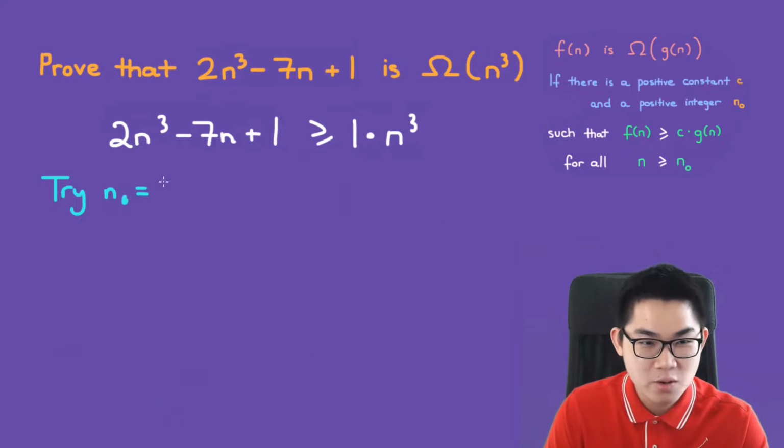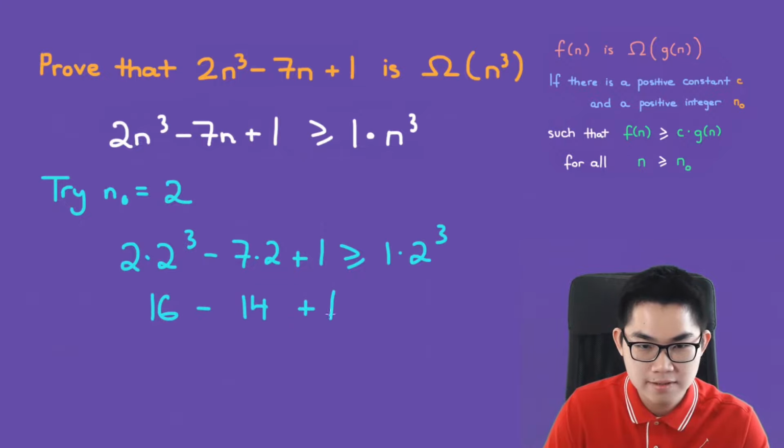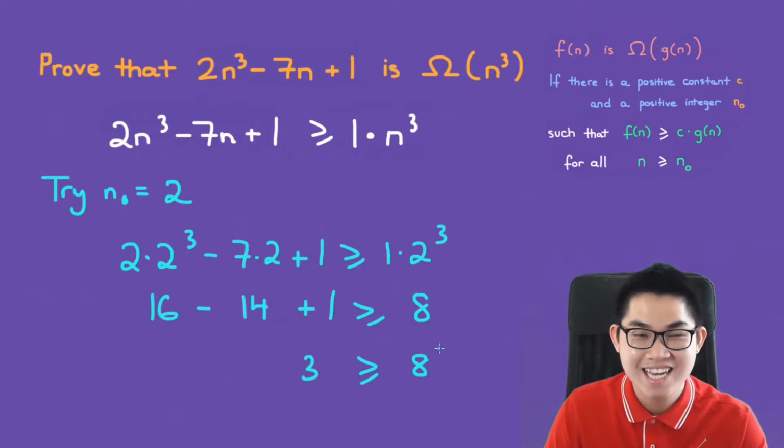We try again with n equal to 2. So we have 2 times 2 to the power of 3 minus 7 times 2 plus 1, and 1 times 2 to the power of 3. So here we have 16 minus 14 plus 1, and over here we have 8. So this is 3 is greater than or equal to 8. Not true either.